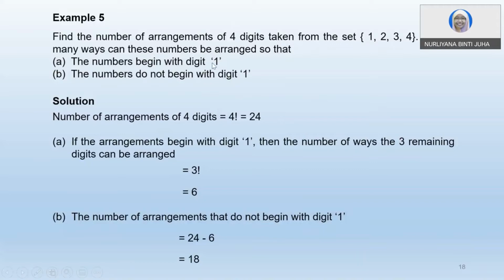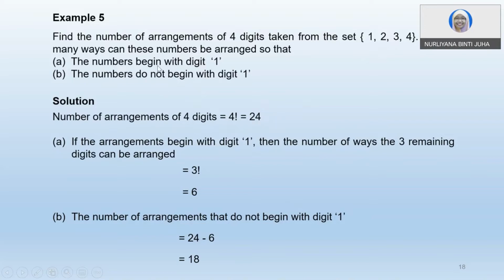The first one is the number begins with 1, and the second one, the number does not begin with digit 1. Okay, for the number of arrangements of 4 digits, since we have 4 digits over here, the number of arrangements will be 4Pn, remember? 4Pn or 4 factorial, which is 24. There will be 24 arrangements.